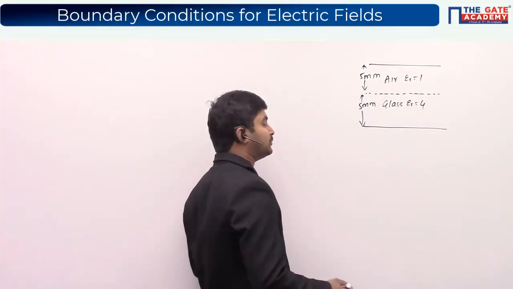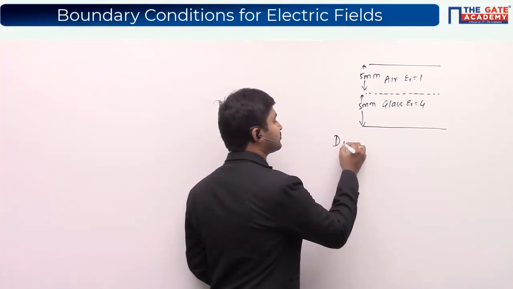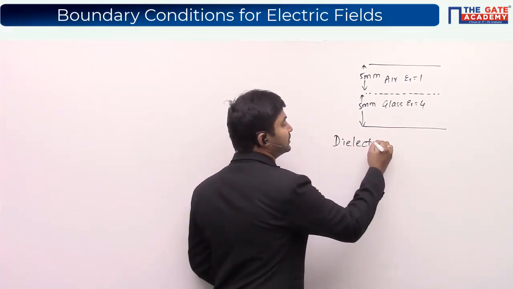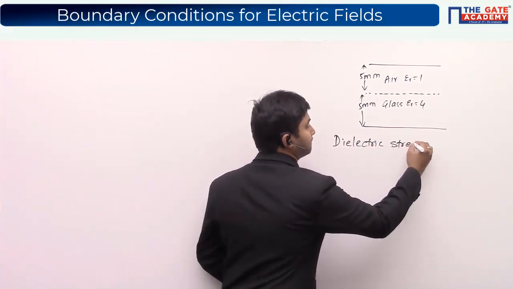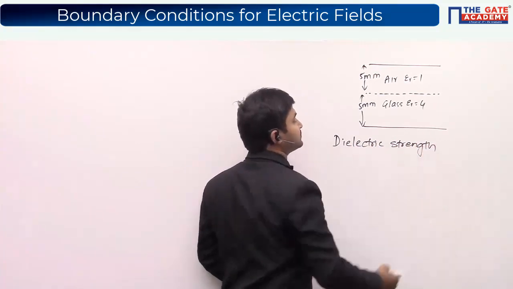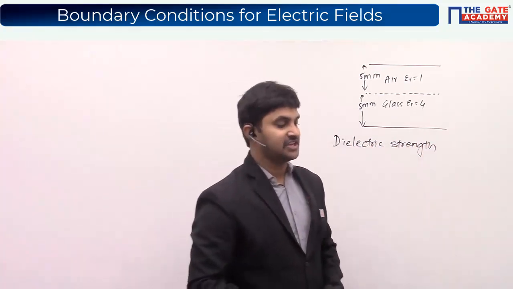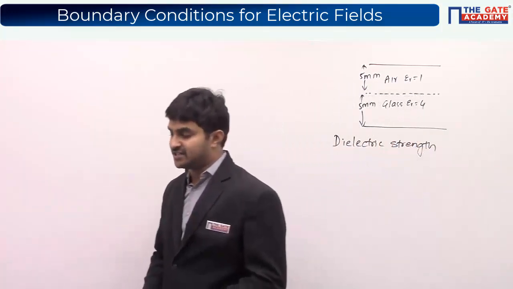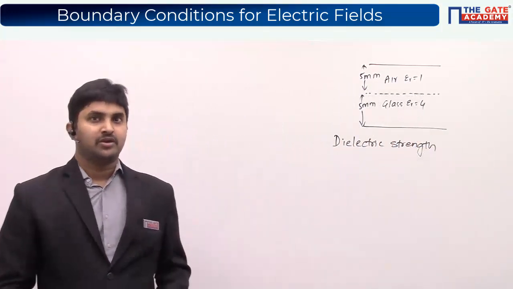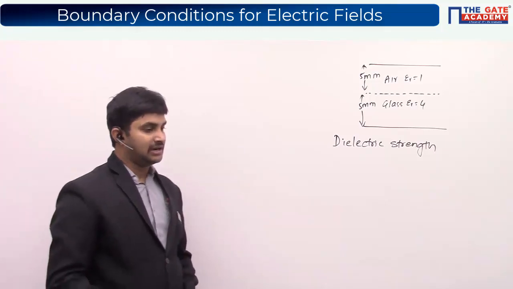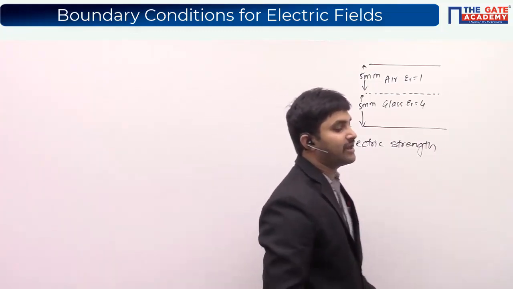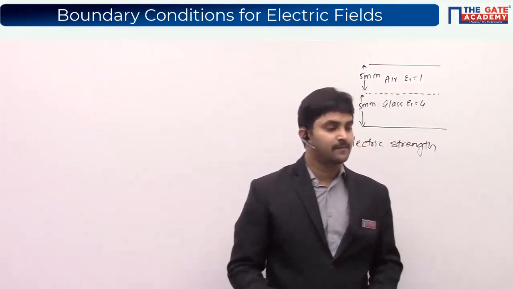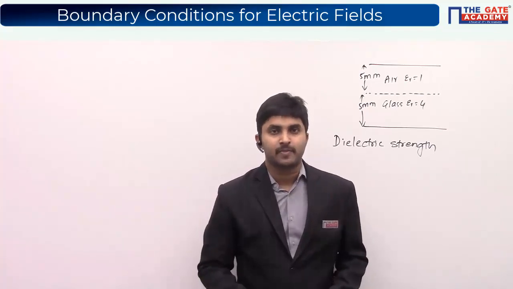So dielectric strength, can you please tell me what is dielectric strength? What can you understand by this word? From the unit of it, we can understand that it is something like an electric field only. You can see that the unit of it is given as volt per centimeter.